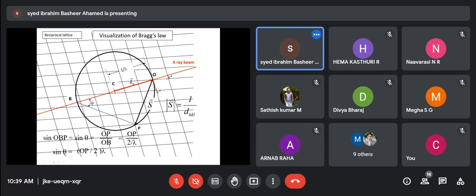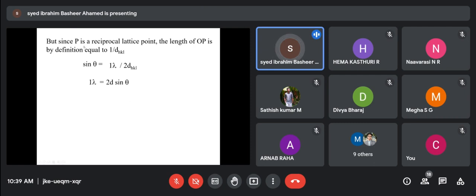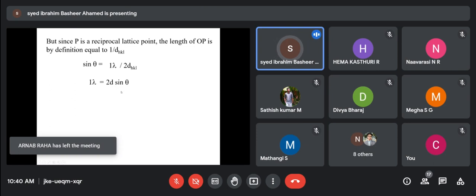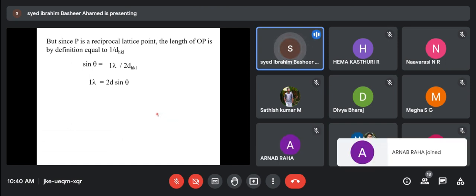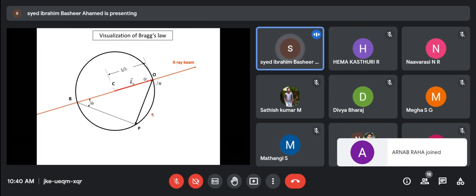Since P is a reciprocal lattice point, because the length of OP is equal to 1 by d_hkl, I can rewrite sine theta is equal to 1 by d_hkl divided by 2 by lambda. Bringing this over, lambda is equal to 2d sine theta. So we can see Bragg's law even in the reciprocal lattice.